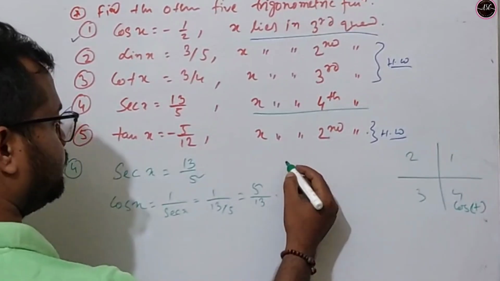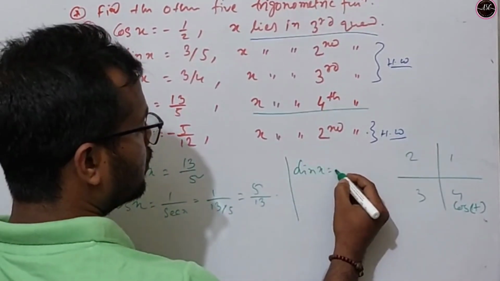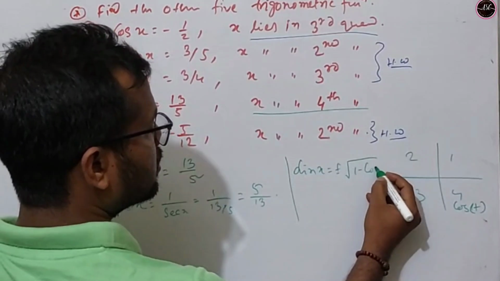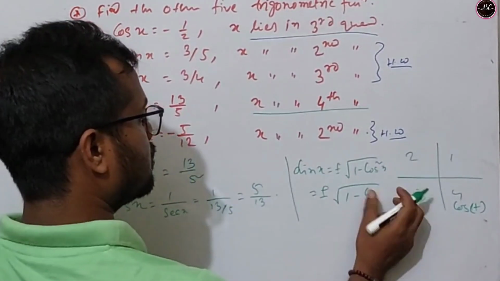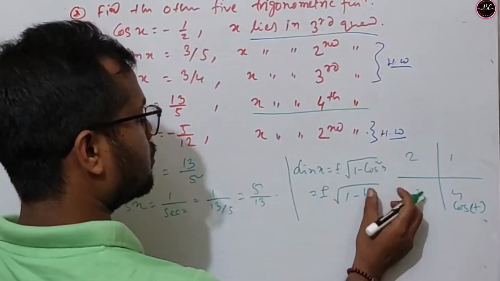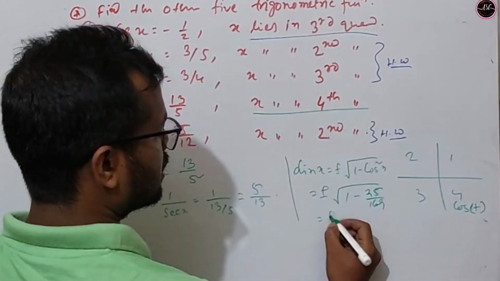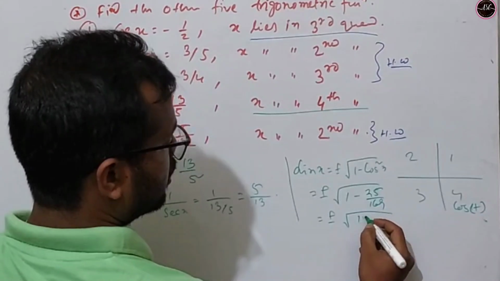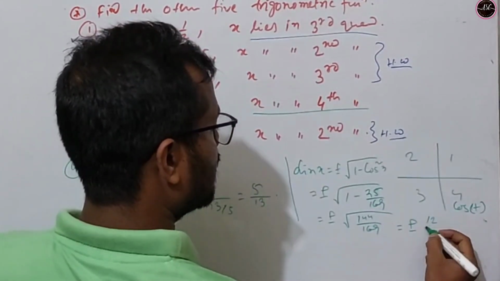Then sin x equal to plus minus root of 1 minus cos squared x. Therefore plus minus root of 1 minus 25 by 169, that means plus minus root of 144 by 169, that means plus minus 12 by 13.